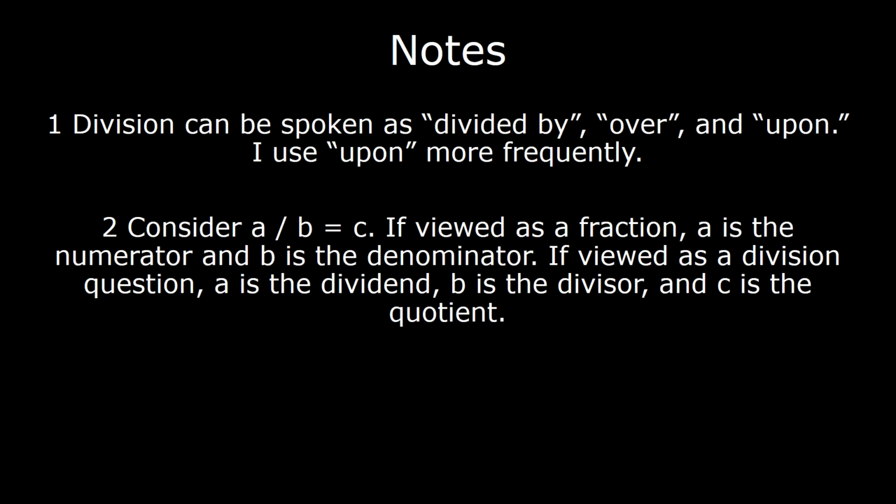But if you think of this as a division question, then A is the dividend, the number which is being divided. B is the divisor, the number which is dividing the dividend. And C is the quotient, the final answer that you get at the end of the division.